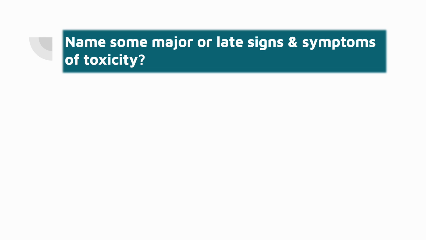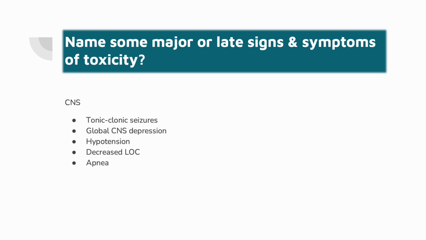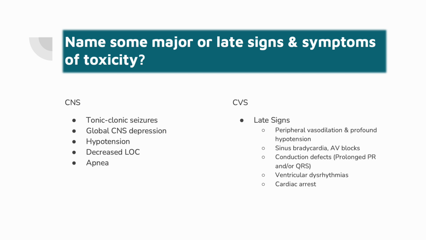Now, some major or late signs of toxicity are CNS. We're going to have seizures, CNS depression, hypotension, decreased level of consciousness, apnea. And then our cardiac late signs, we're going to have that profound hypotension, bradycardia, conduction defects.